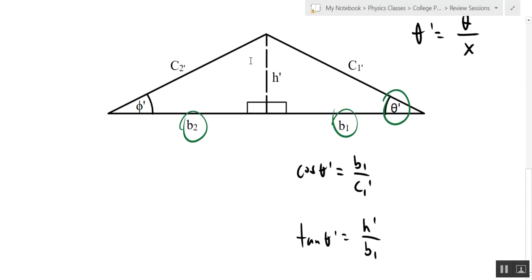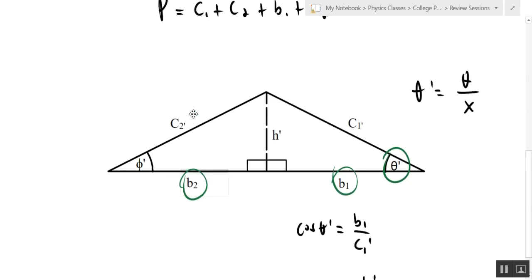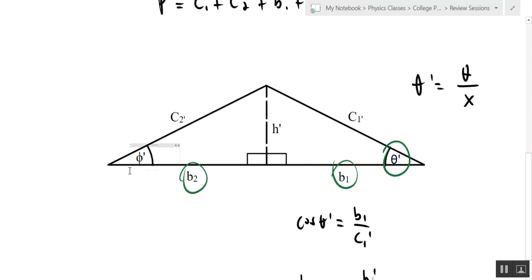Because if you just look at the right-hand side, now you know H prime, but H prime shares a side with the left-hand side, right? So now you know what H prime is, correct? And we know B2 because it's the same thing as it was for the first part. So what's the easiest way to find C2 prime if you know B2? You just use the Pythagorean theorem again because you know 2 out of 3 sides. So now you know C2 prime, right? Using the Pythagorean theorem.